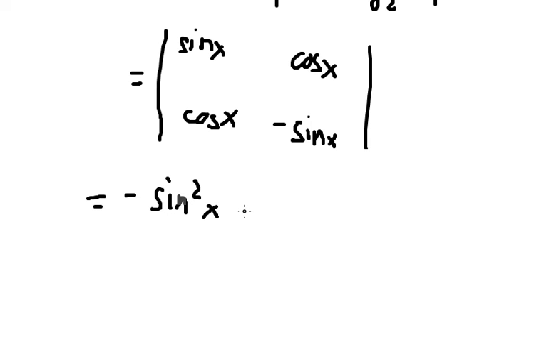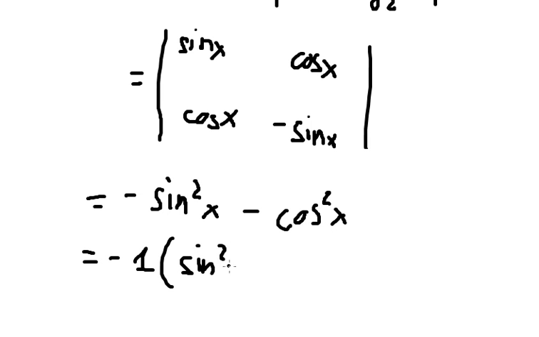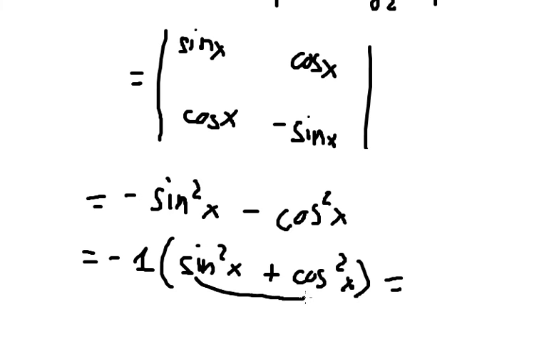Cosine x, we have the negative sign here, cosine x squared, negative. We can do factorization in here, and this equals 1. So this is 1 with negative 1, so we have negative 1.